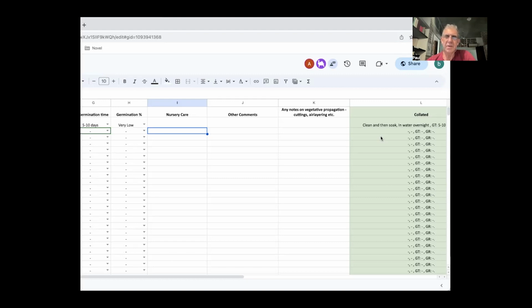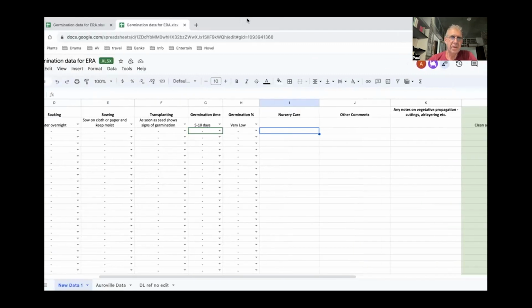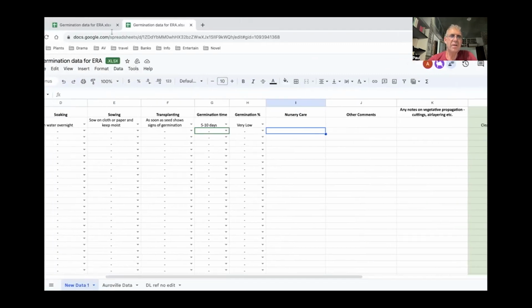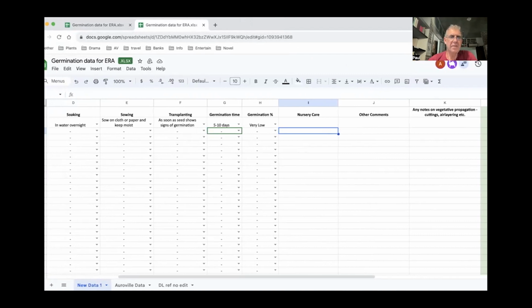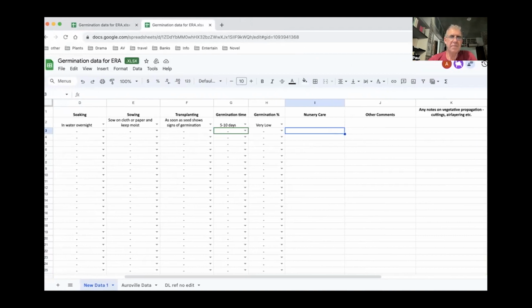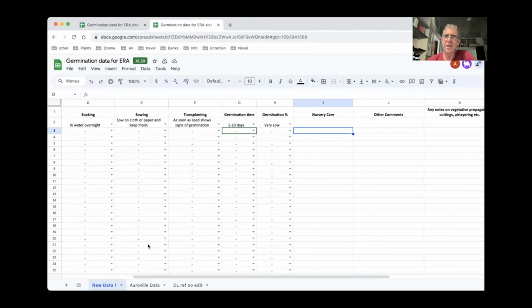The way we would do it is that this Google Sheet will be shared. Here you can see it says new data 1. And again, if people are very comfortable with Google Sheets, then please go ahead and use the Google Sheet. What I would suggest at this point is that everybody who adds data to this collective sheet simply starts a new sheet.